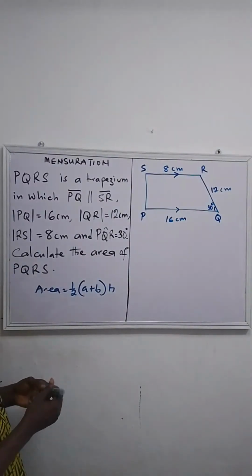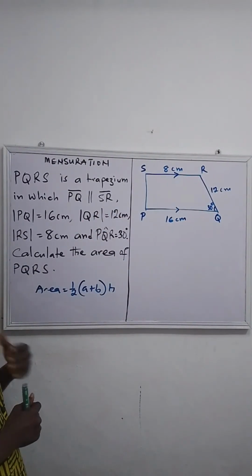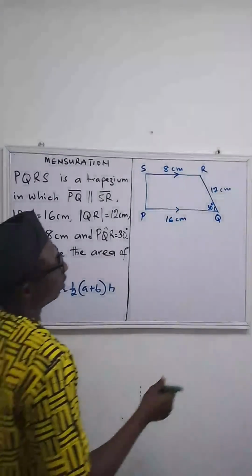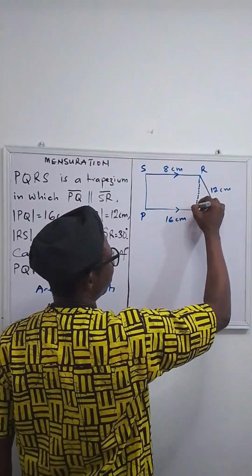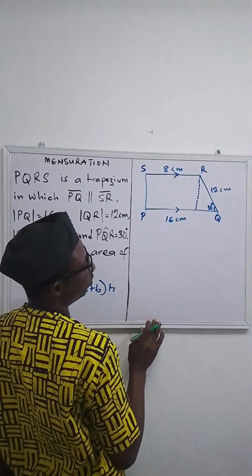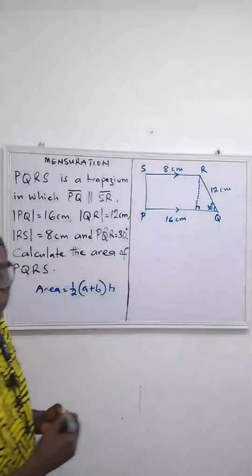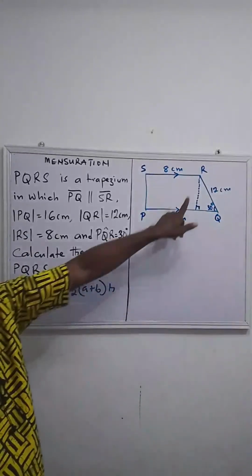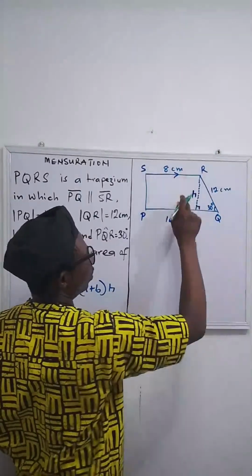All right, but when you look at the question now, we are not given the distance between the two parallel lines, so we need to get that. So let's draw a line here such that it is perpendicular to this line PQ. Okay, so now we can get the height here. That is the distance between the two parallel lines.